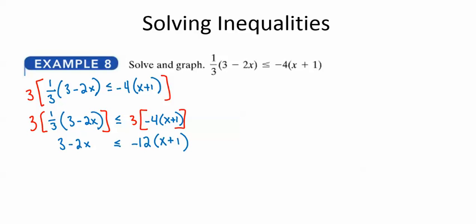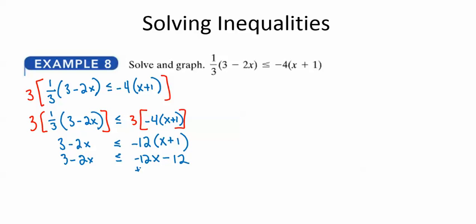I hope that's clear. The factor of 3 is already incorporated into that -12. So let's distribute on the right side. The left side will stay the same. And we'll get -12x minus 12 when we distribute here.